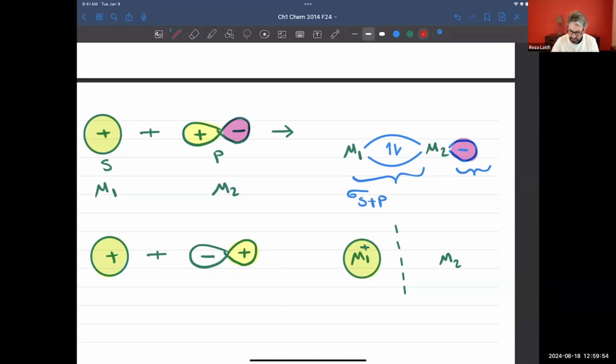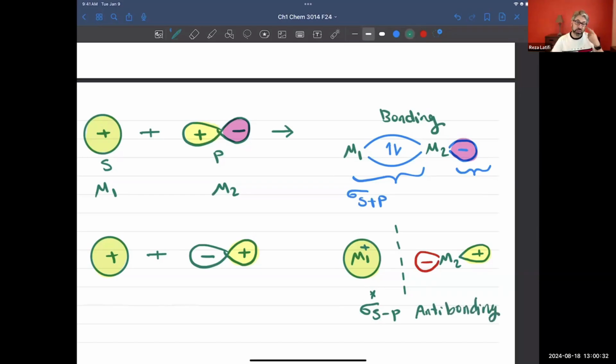On this side, I'm going to have one that is negative, that's out of phase. Positive cannot have interaction with a negative one. And where is the positive? Positive is pointing out, and that's going to be sigma star of SP. So the top one is bonding again, and this is going to be anti-bonding.